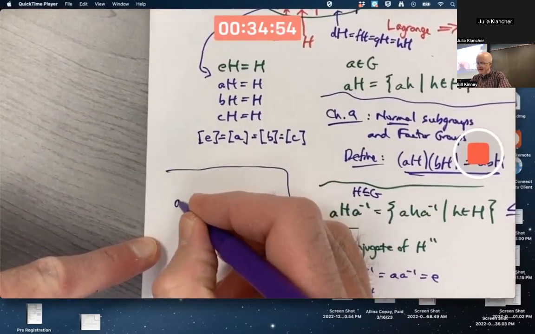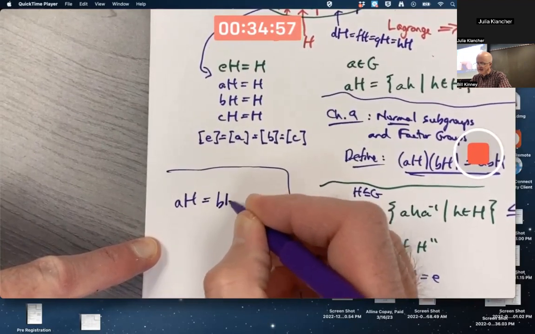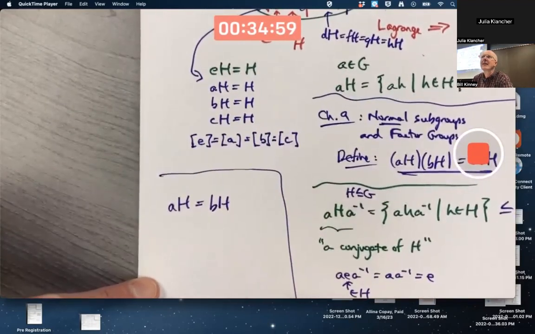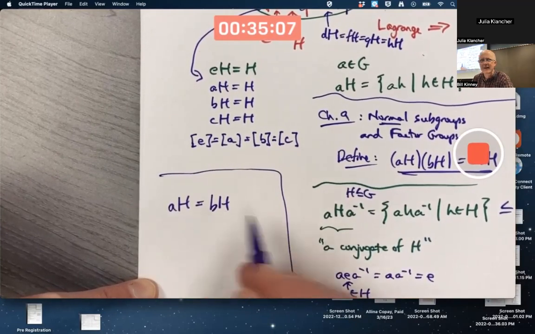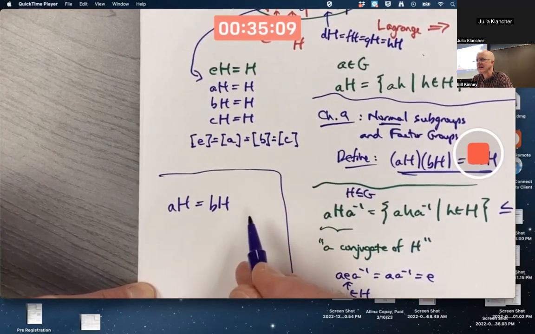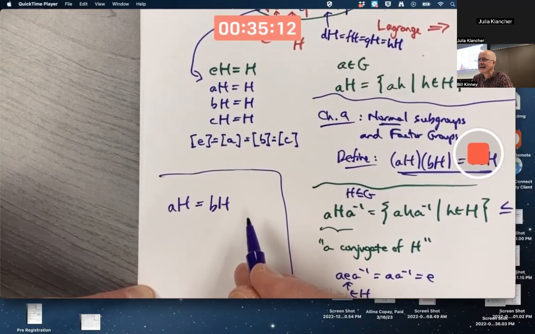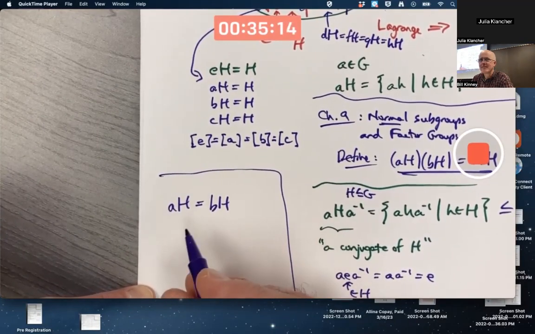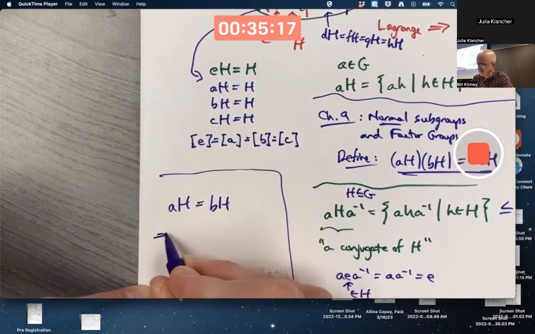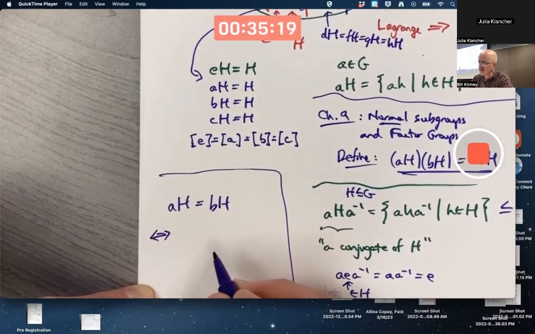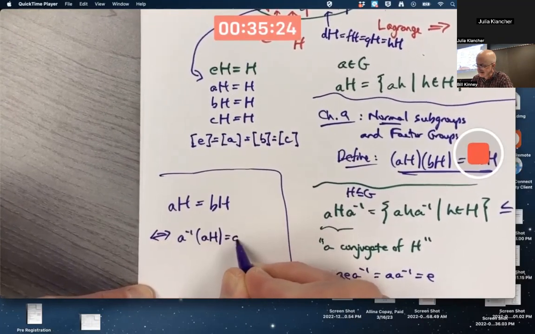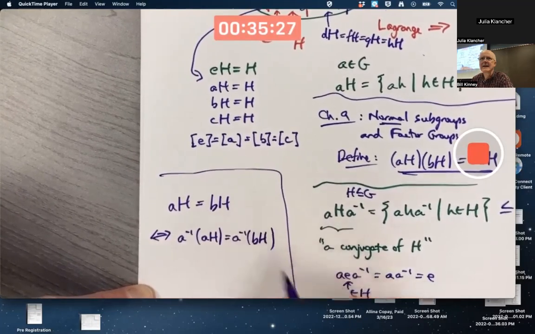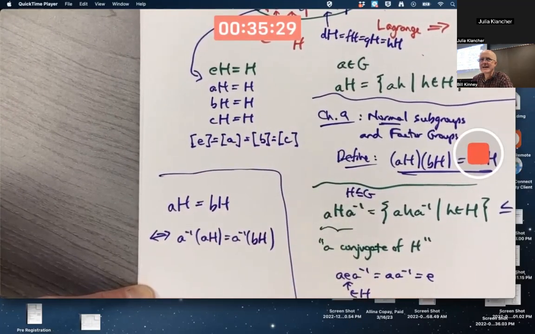If you're thinking about these cosets being equal, A and B are elements of G. H is a subgroup of G. It's not an element of G, but it's kind of like you're multiplying things here. A times H and B times H. Kind of. And can we, for example, left multiply both sides by A inverse? Well, maybe.